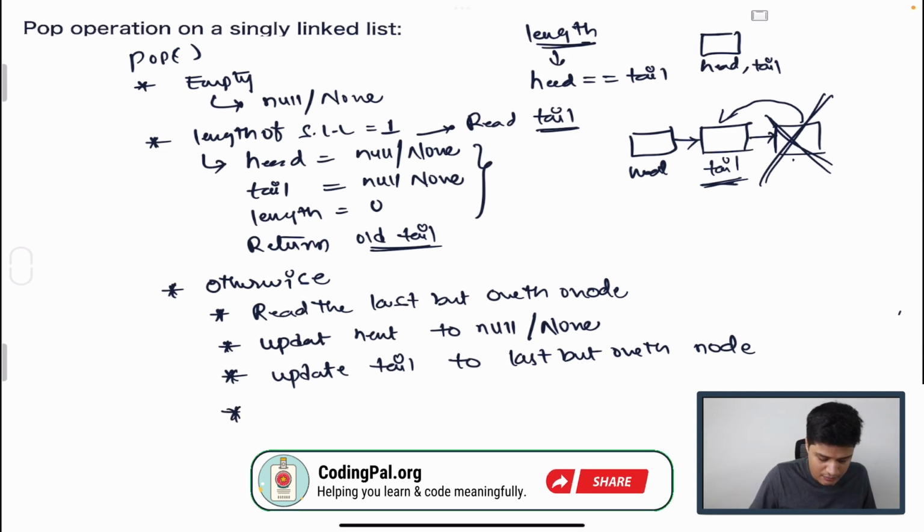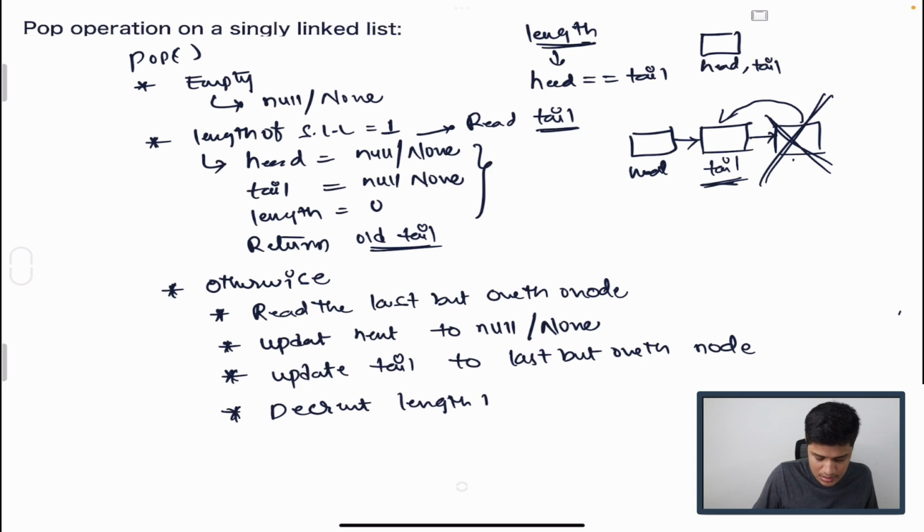And here we will again decrement length by 1, because after all we are deleting one value from the singly linked list. Since that value has been deleted, we have to make proper adjustments in length as well.